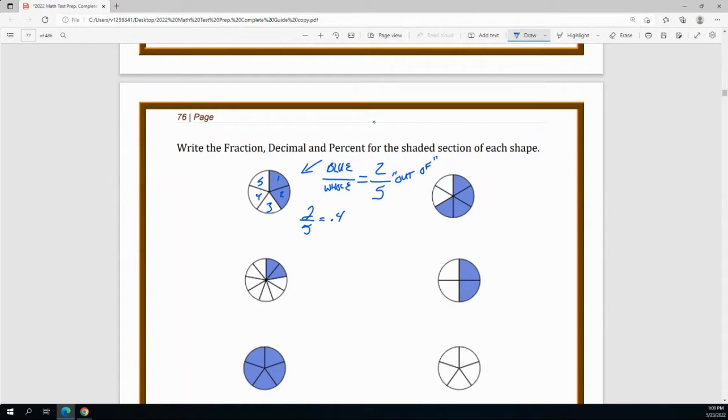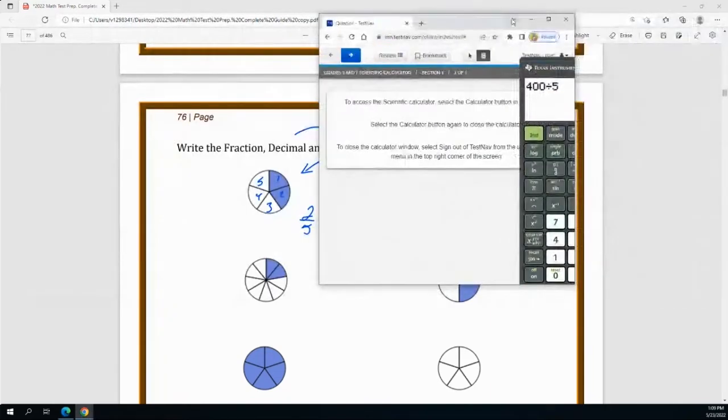Now, if I said, okay, well, let's go show this decimal now as a percent. Well, what we do with percentages is pretty simple. Once you have this decimal, you would actually take the decimal and multiply it times 100%. Now, let me show you the calculator and what's going to happen with that. So it's very helpful to see.